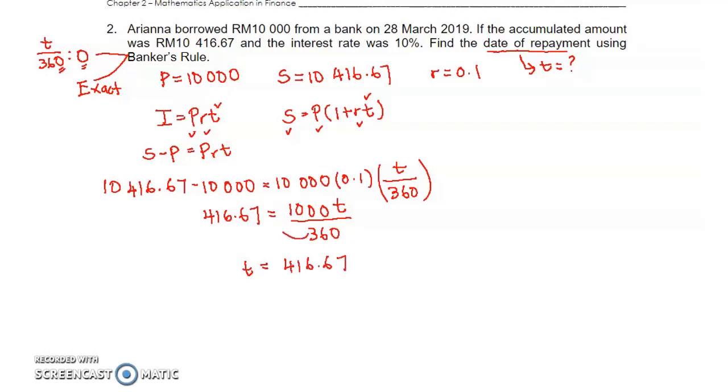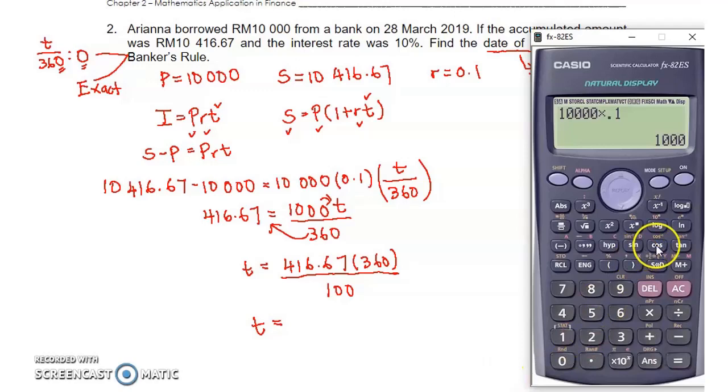So T equals 416.67. The 1,000 T over 360, you bring to this side and it becomes multiply, and then the 1,000 you bring to the other side and it becomes divide. So T equals 416.67 multiplied by 360 divided by 1,000.